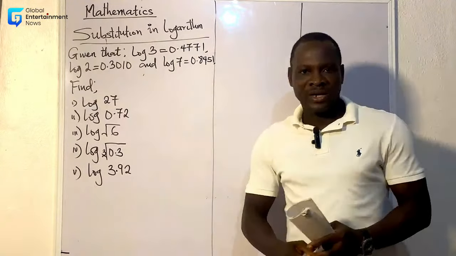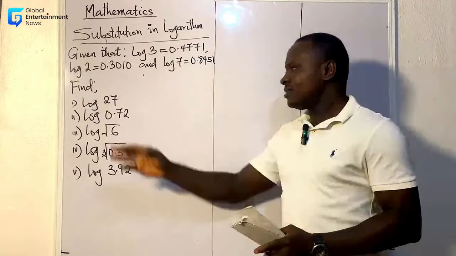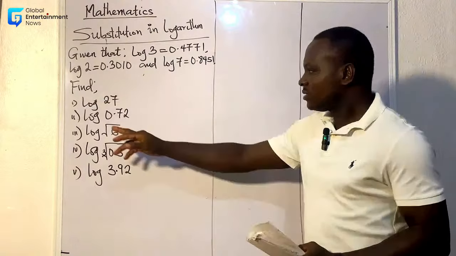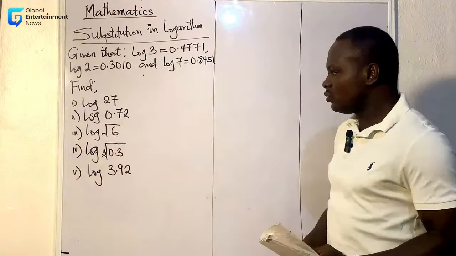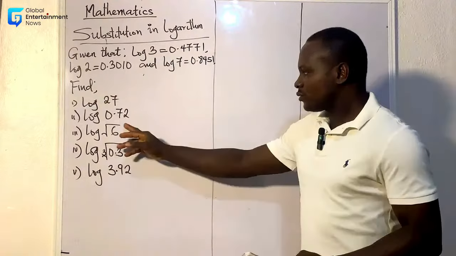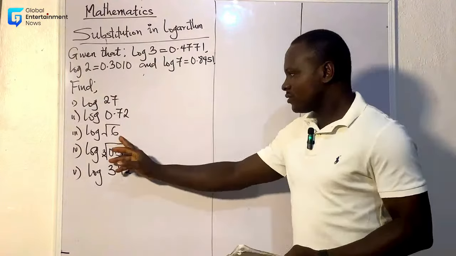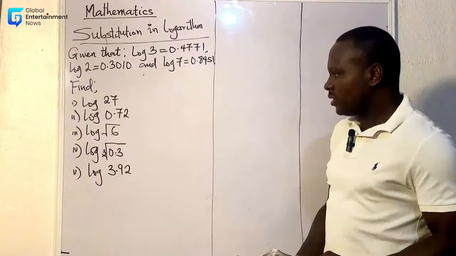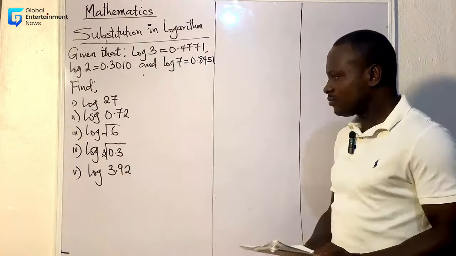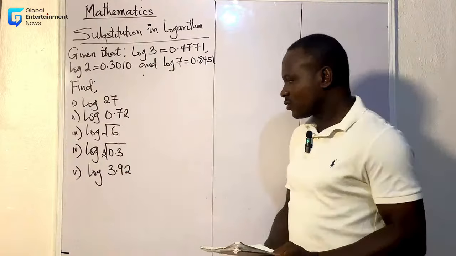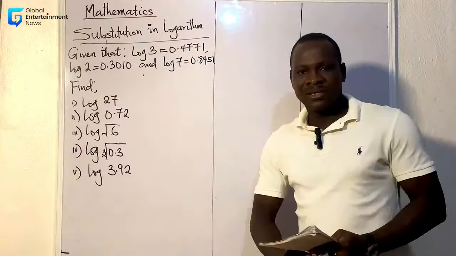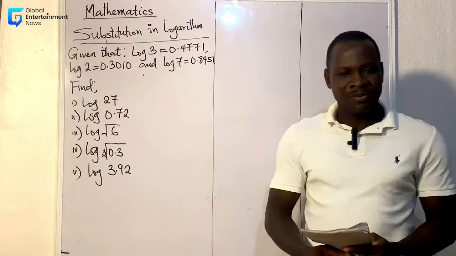The question says, find log 27. Second question, log 0.72. Third question, log square root of 6. Fourth question, log cube root of 0.3. And the last question says log 3.92.